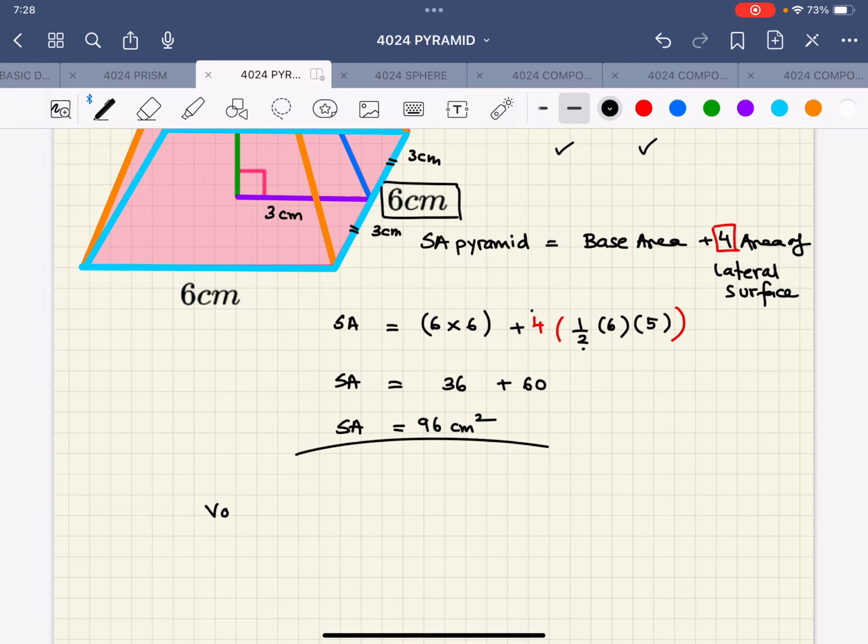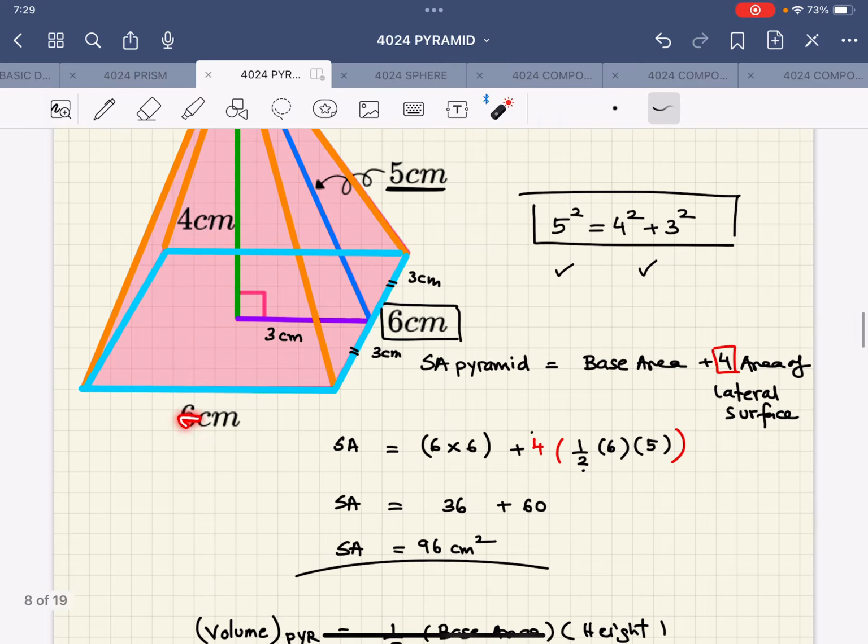What about the volume of this pyramid? That is 1/3 base area multiplied with perpendicular height. What is the base area? The base area was just calculated. That is 6 by 6, which is 36.